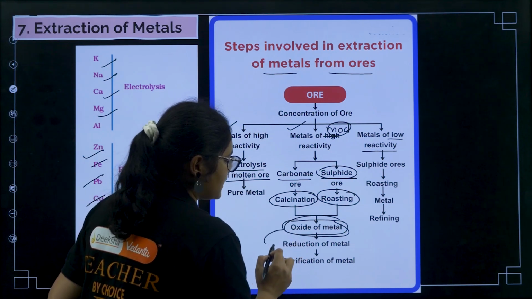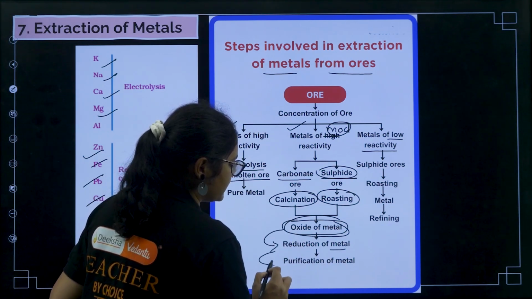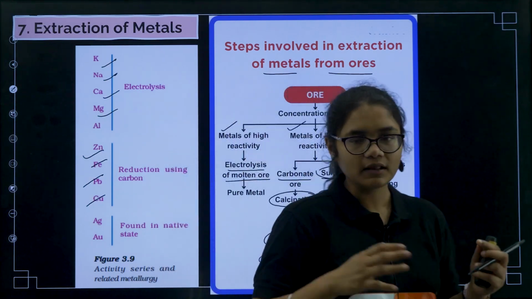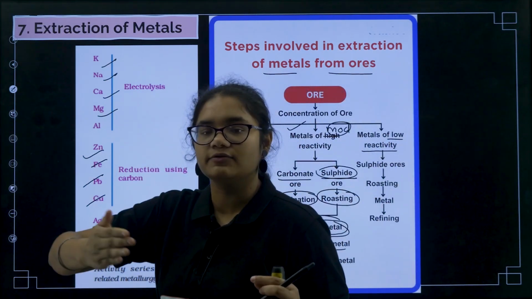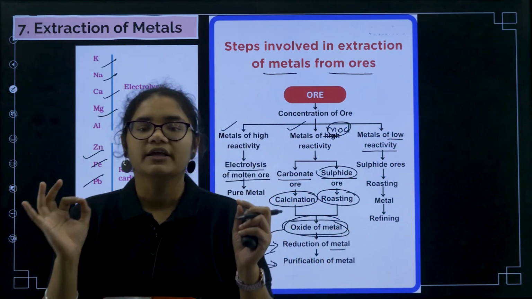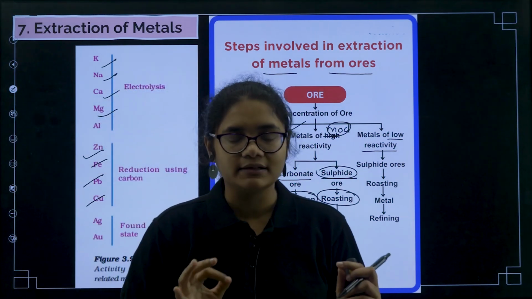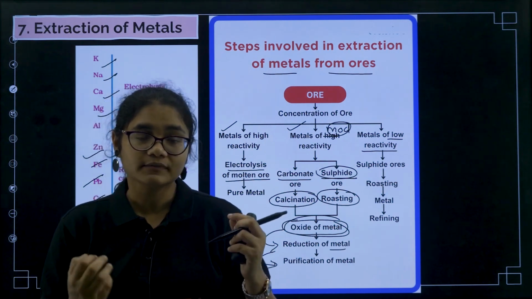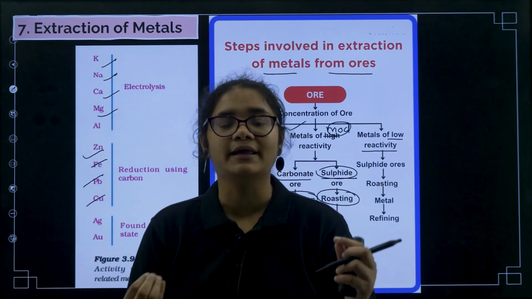Now these oxides are reduced to metal and then they are purified. Clear? So first of all, you need to find which category the metal is in: high reactivity, moderate reactivity or low reactivity. If it is a high reactivity metal, the pure form is obtained by electrolysis.